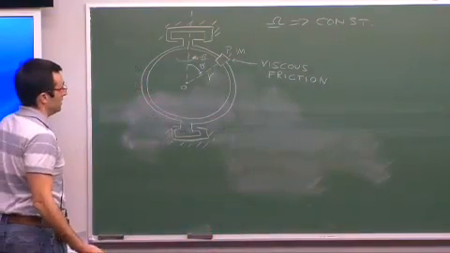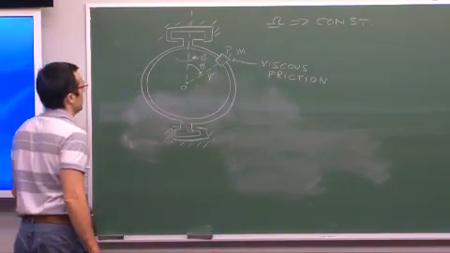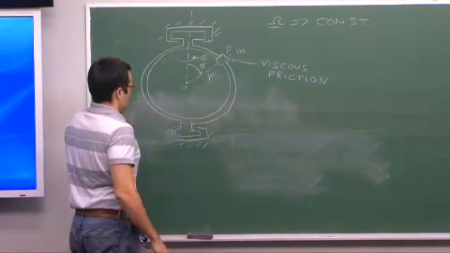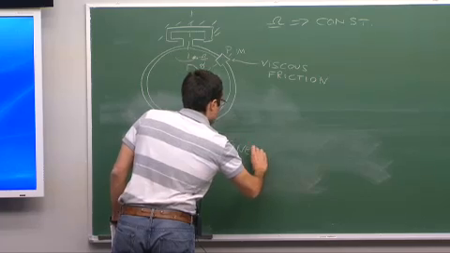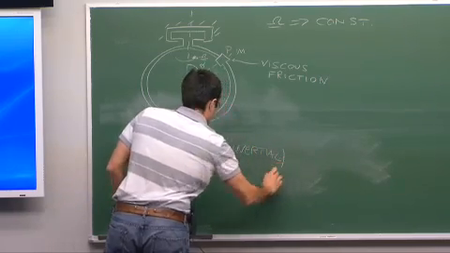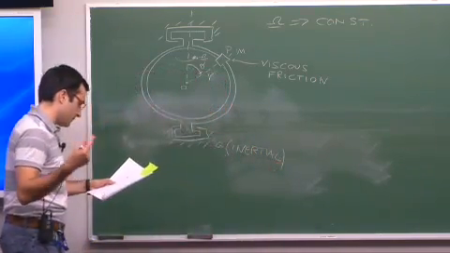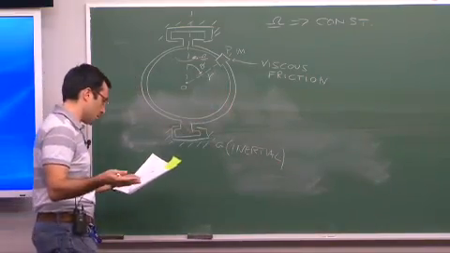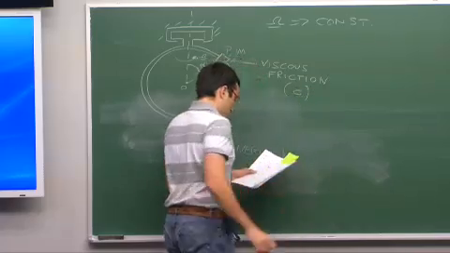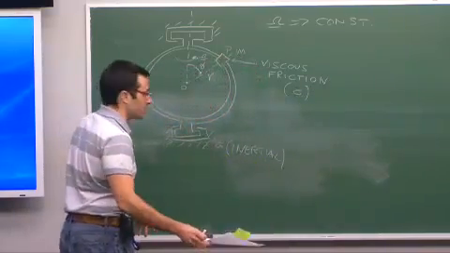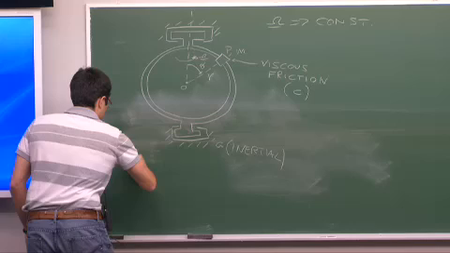I'm not talking about gravity, so it's an abuse of terminology, but let's call that vertical. And this is the ground, which as usual is an inertial reference frame. Radius r, omega is constant, mass is given, viscous friction with constant c that is given too, and I want the differential equation of motion.